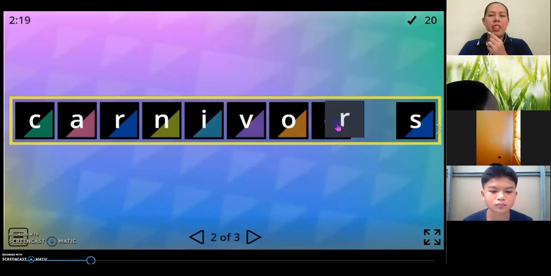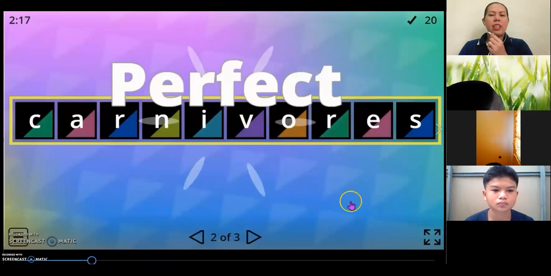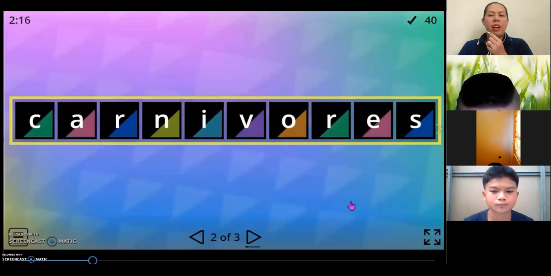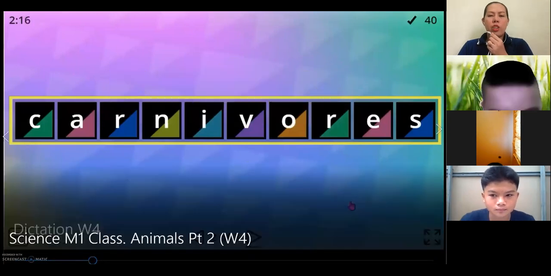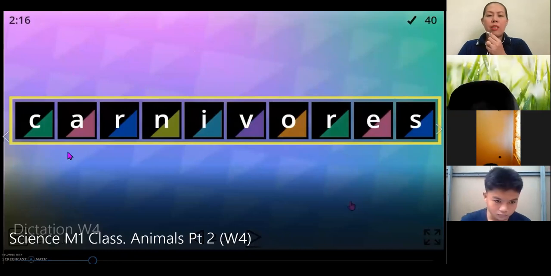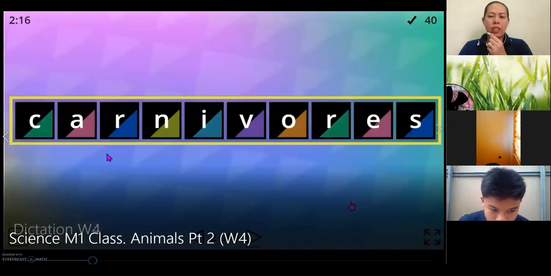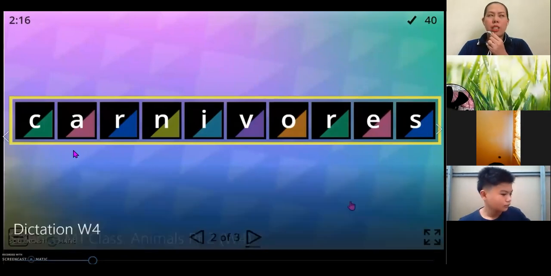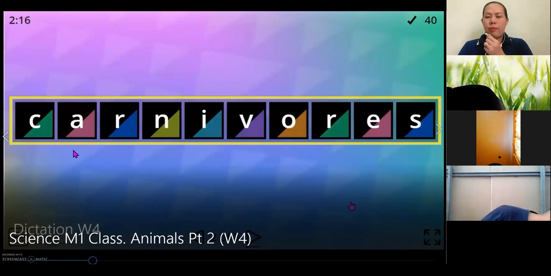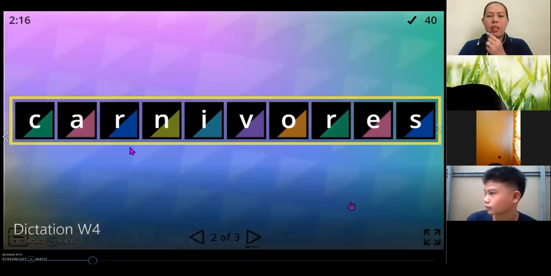This is how you spell carnivores. If you are correct, put 1, but if your answer is not correct, you can copy the correct answer. Let's read and spell together again, everybody. Carnivores.